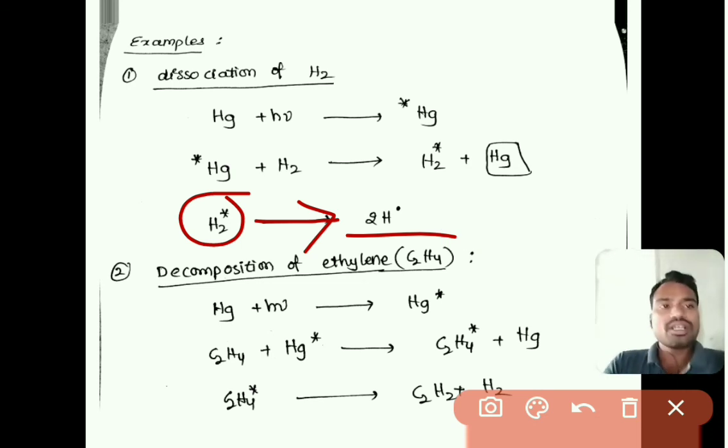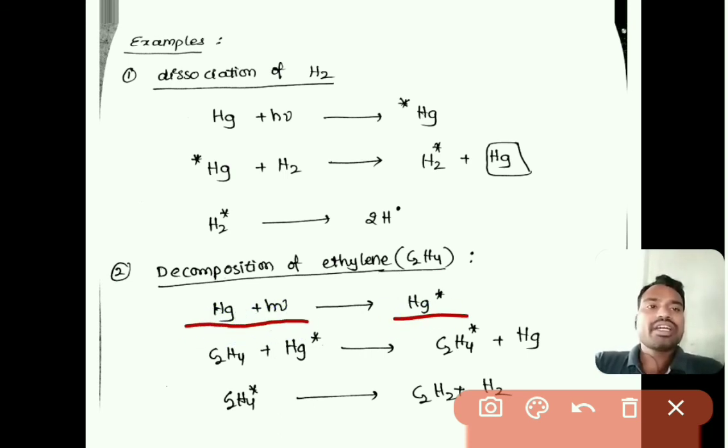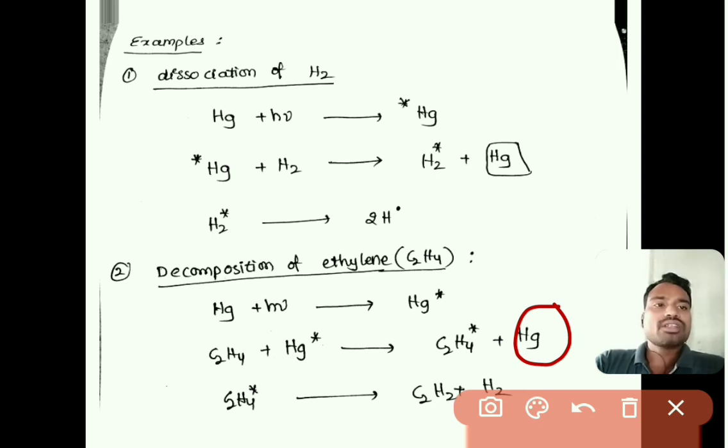So in this reaction mercury is acting as a photosensitizer. And the second example is the decomposition of ethylene, that is C2H4. Here also mercury is acting as photosensitizer: mercury takes energy and is converted into the excited state, right? This excited mercury gives the energy to the reactant, ethylene, so that ethylene is excited by taking the energy, and mercury returns to the ground state.